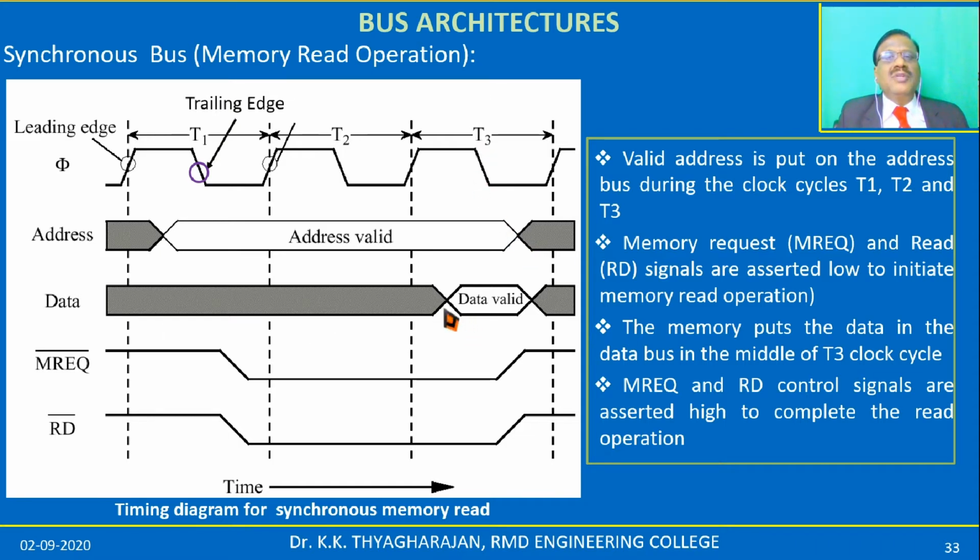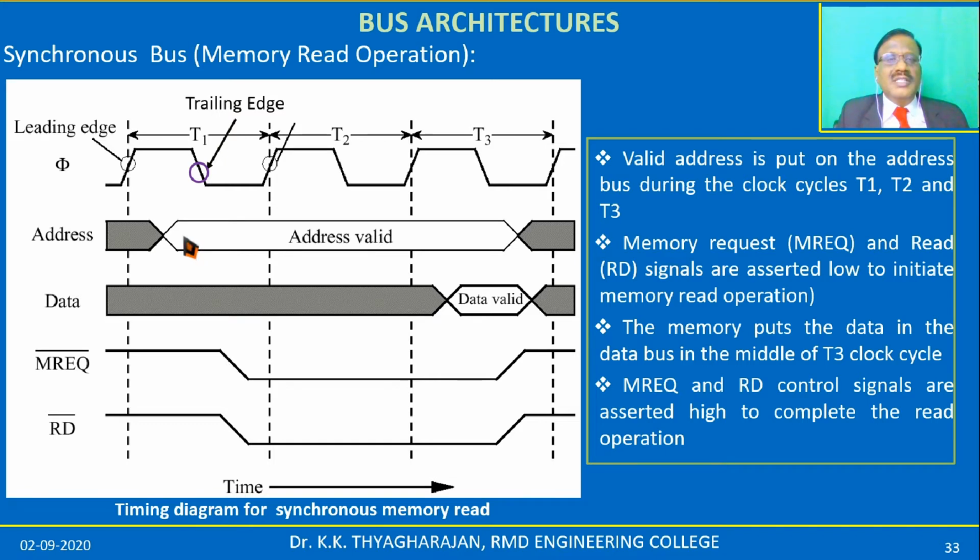The data will be placed during the T3 clock cycle. So, first the address is placed during this T1 clock cycle, and a memory request signal is also activated during this period.